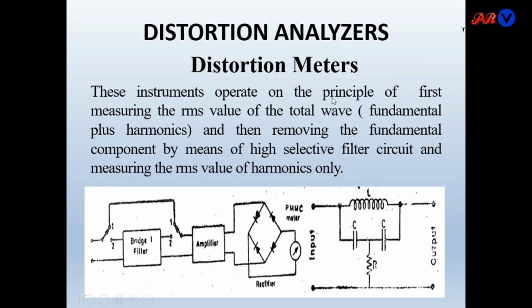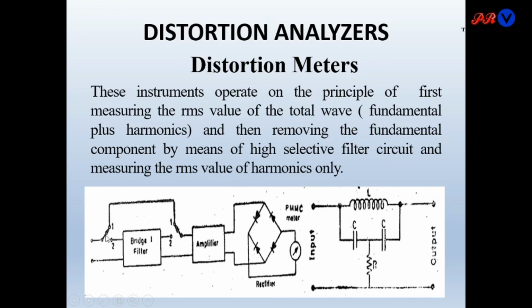These instruments operate on the principle of first measuring the RMS value of the total wave. Means, firstly we will measure the RMS value of the total wave when the switch is in first position, and then removing the fundamental component by means of a highly selective filter circuit.